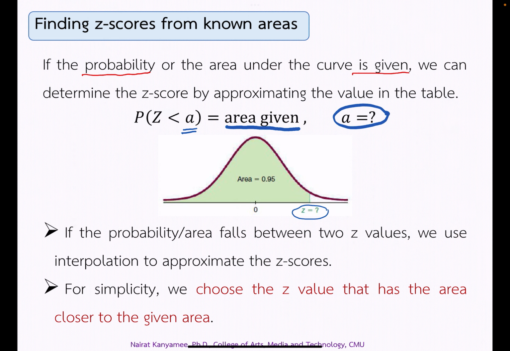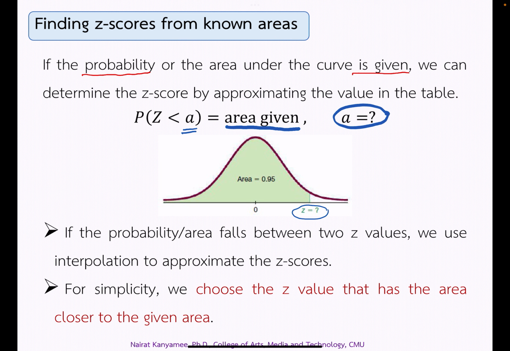Okay, so here are the steps. If the probability area falls between two z values, then usually we use interpolation to approximate the z-score, but since we don't need a precise value, for this class, for simplicity, we will use just an estimation.